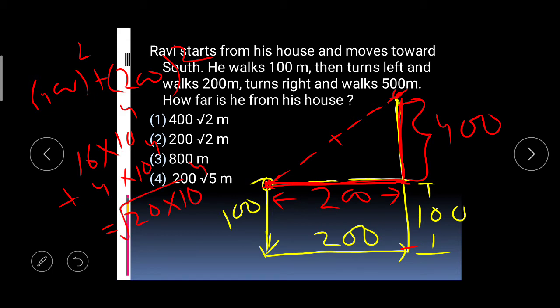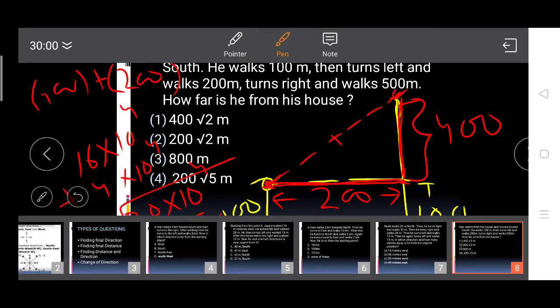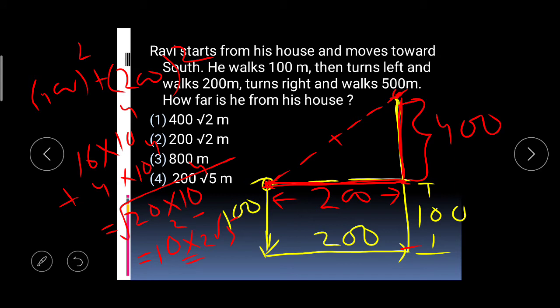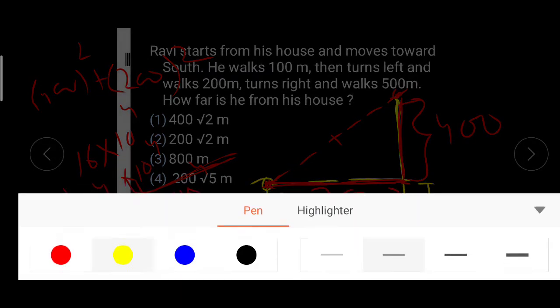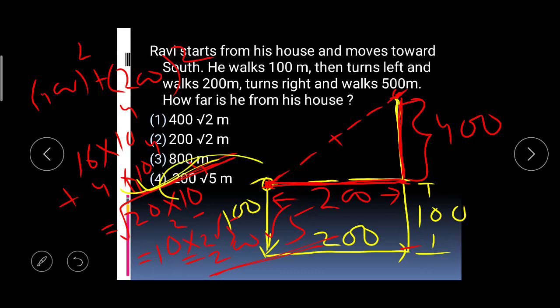Now take the under root. So this is how much? 10 to the power 4 is 10 square and 20 is how much? 2 under root 5. So my answer is 200 under root 5. So the answer is 200 under root 5, which is this option.